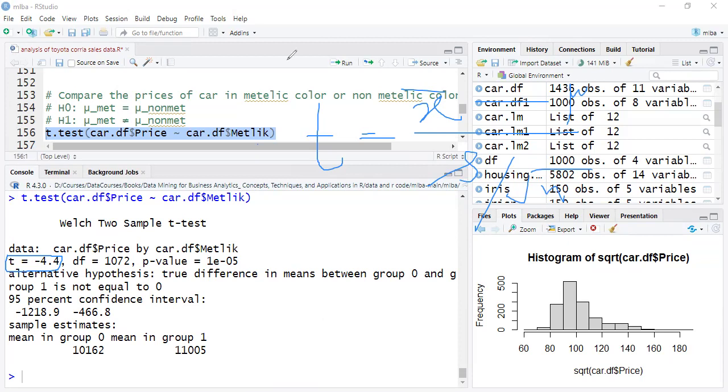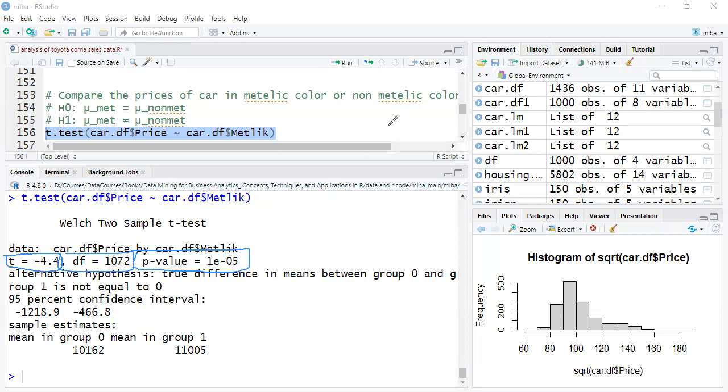Very lengthy formulas are there for the pooled and non-pooled t-test. I'm not mentioning the formulas here. This statistic is computed by the software, either by the pooled t-test or by the non-pooled t-test. Degrees of freedom is this. The p-value is this. We have just to focus upon the p-value.